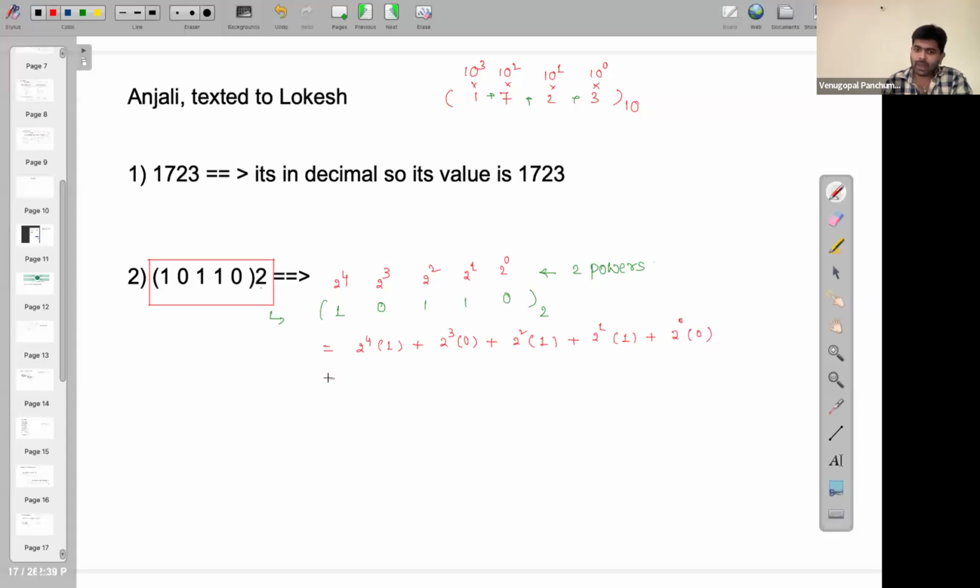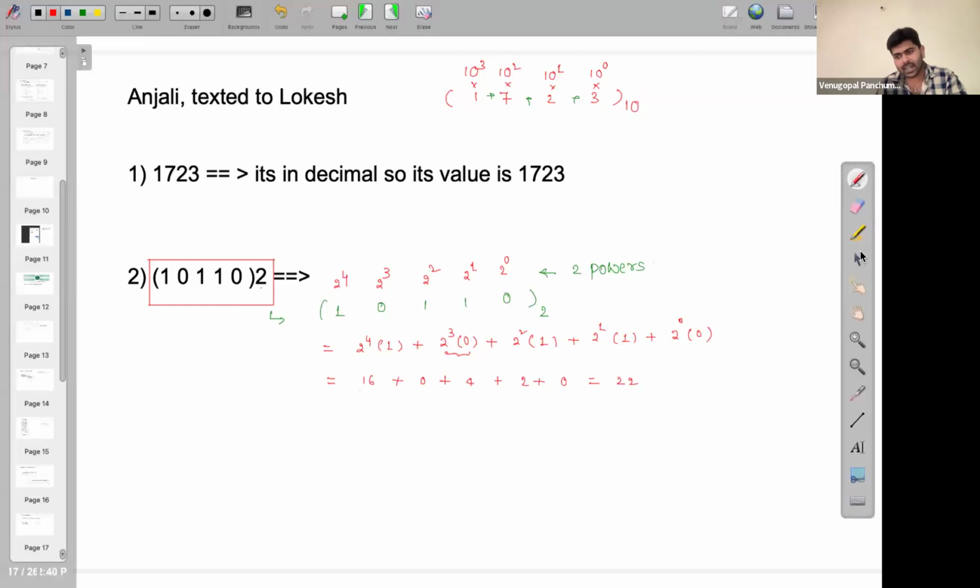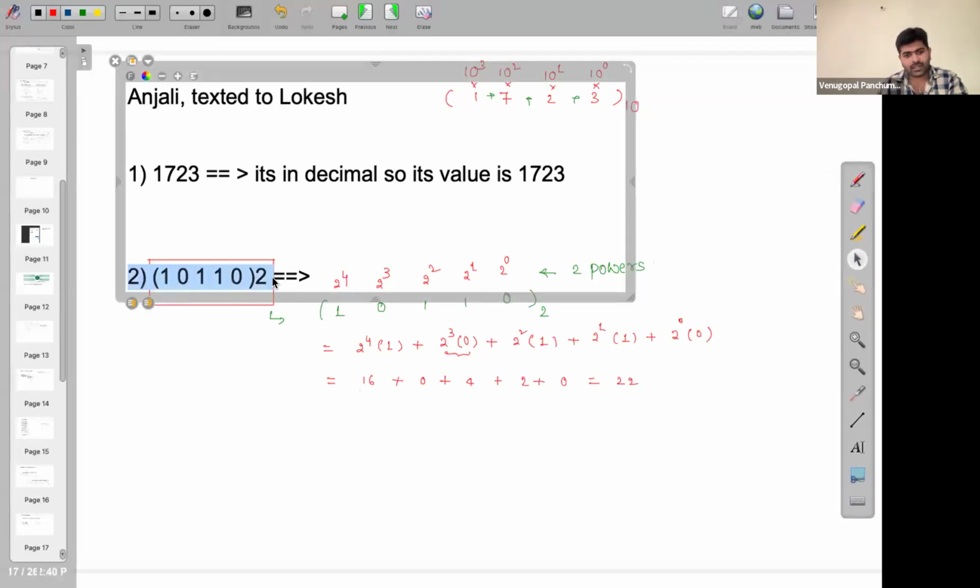So when you add this, 2 power 4 is 16, plus 8 into 0 is 0, plus 2 square, 4 into 1, 4, plus 2 power 1, that is 2, plus 0. What is this value? 22. So now Lokesh needs to do 22 rupees of recharge to Anjali. So understood?